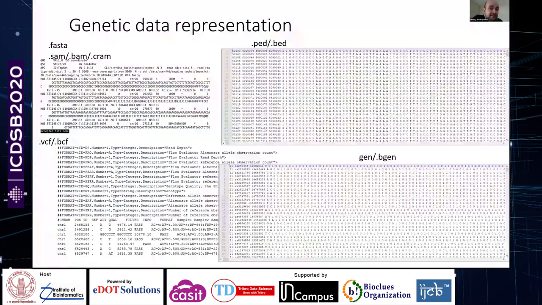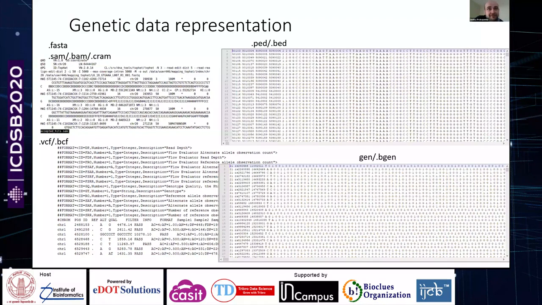So although genetic data is pretty simple, it's basically a matrix consisting of zeros, ones, and twos when you call your variants, there is no agreed format in the community for such data. There are multiple widely used formats, and they have their own advantages and disadvantages.